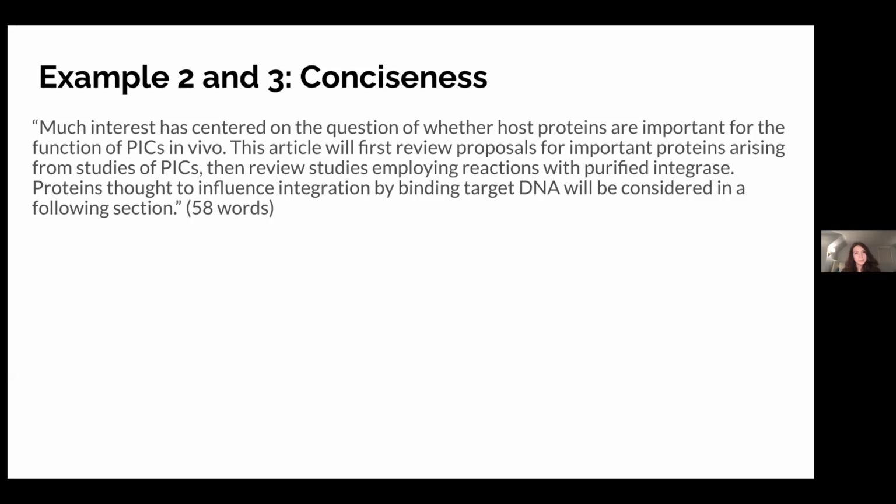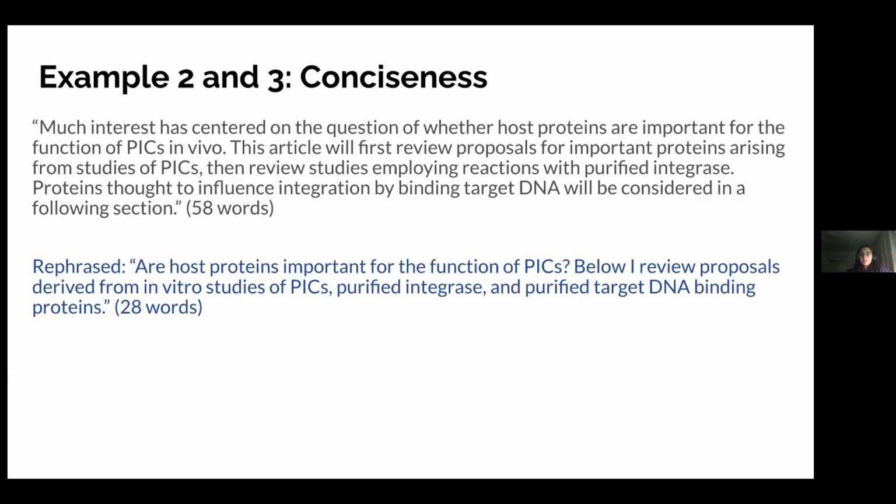Yeah, I was going to say at the beginning, I feel like it's kind of hard to avoid the passive tense, but we can just eliminate some words. So it has been questioned whether host proteins are important. Right. Yeah, that'd be a great idea.